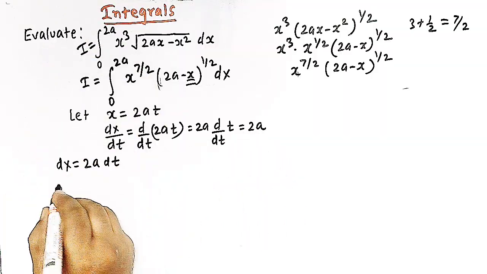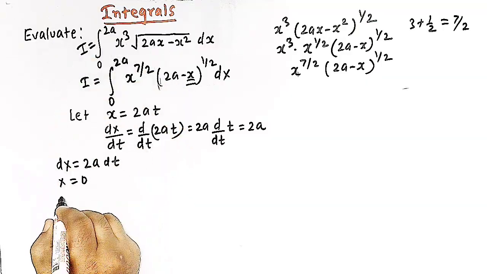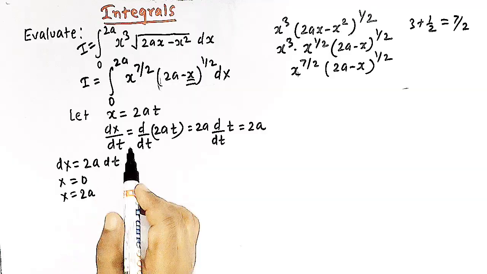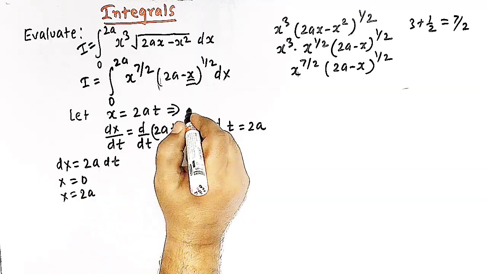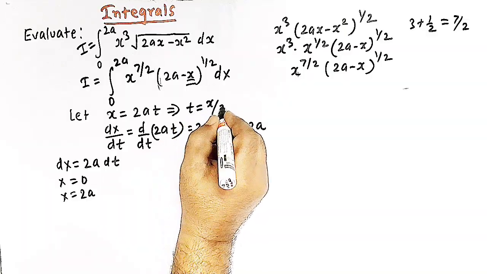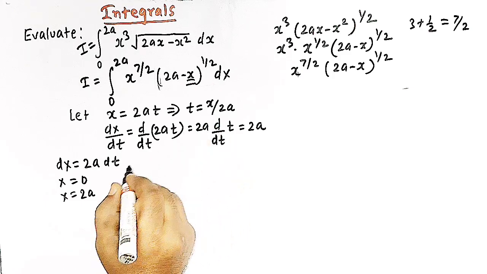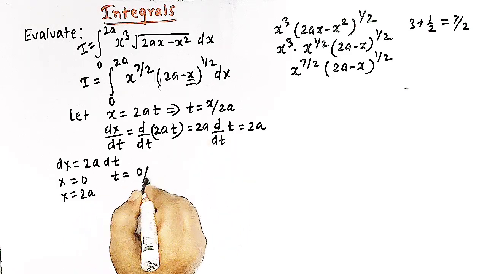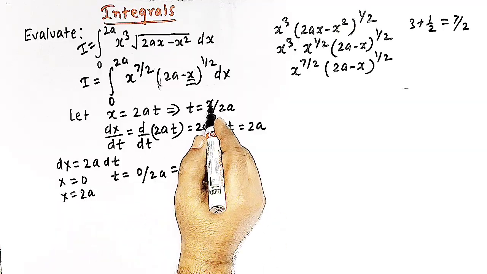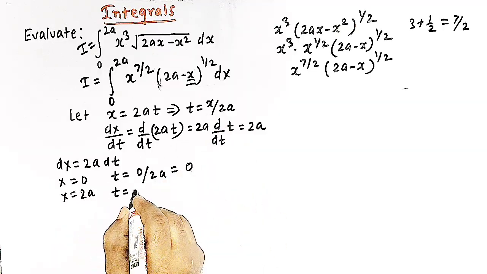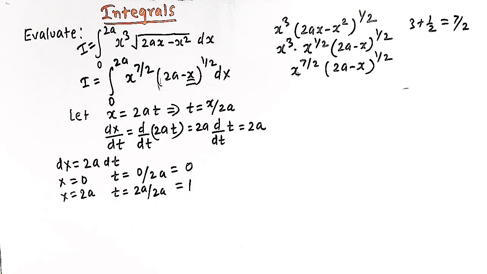Now let us change the limits. The lower limit is 0 and the upper limit is 2a. The corresponding values of t can be obtained from t is x over 2a. When x is equal to 0, t is 0 over 2a, that is 0. And when x is equal to 2a, t is 2a over 2a, that is equal to 1.